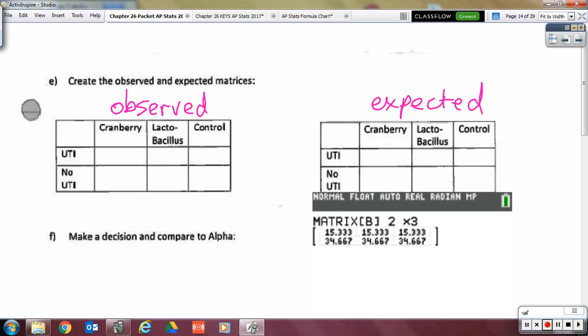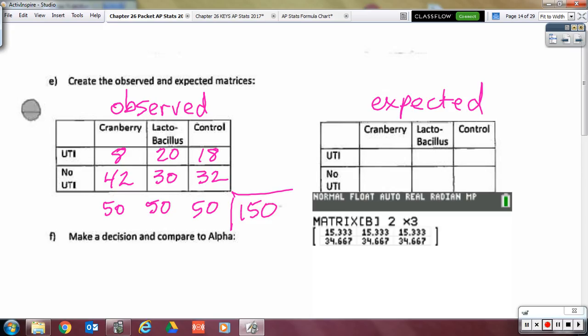Our control, 18 developed UTI, 20, and 8, which since these all totaled 50, you can fill in the blank of what's missing. Okay, I'm also going to need the row totals. Those are 46 and 104. All right, so that's the observed.